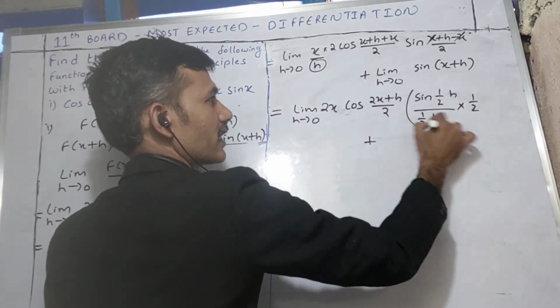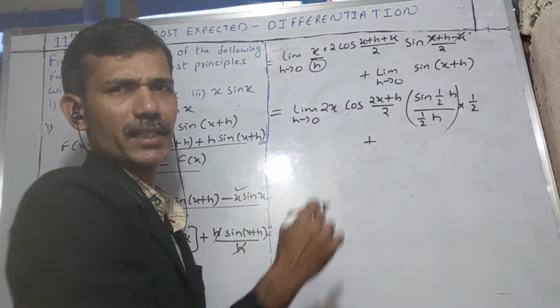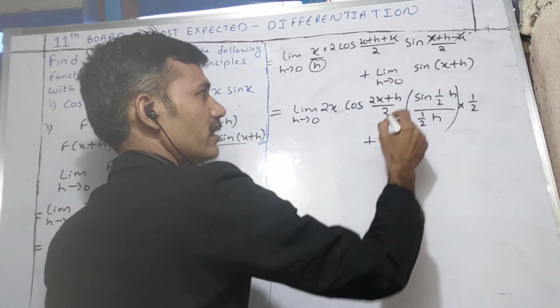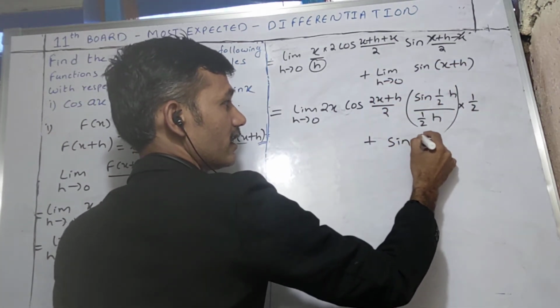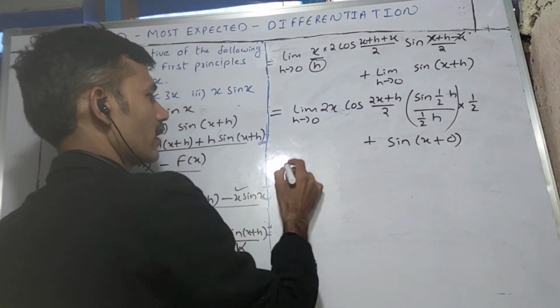So here I can apply the formula. So here already you can apply the limit directly. Here if you apply the limit, then in sin h place you can write 0. Okay.